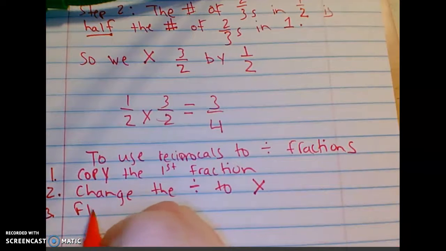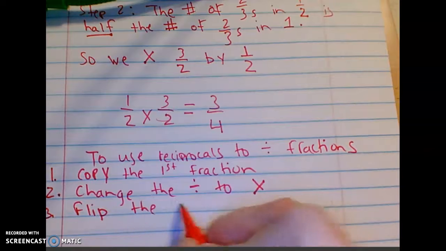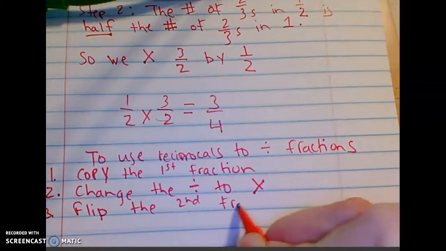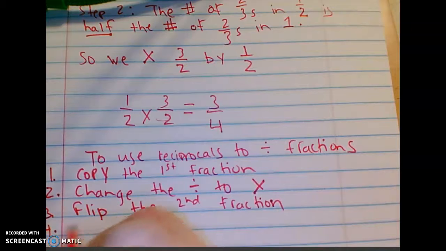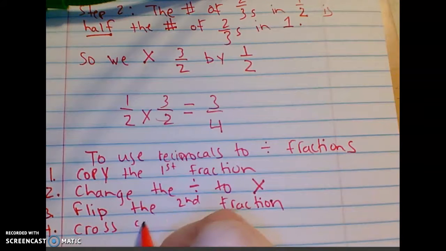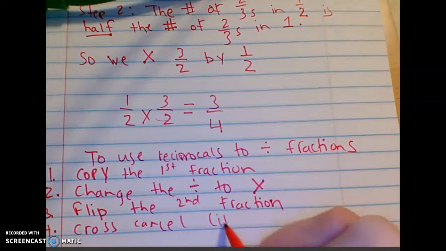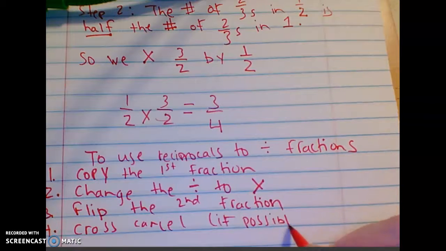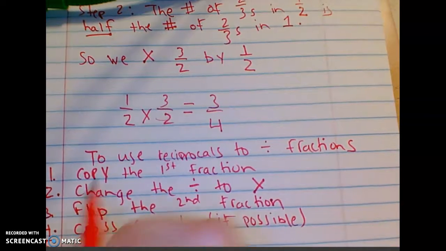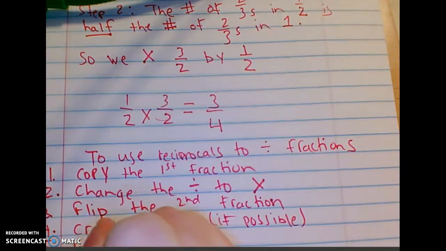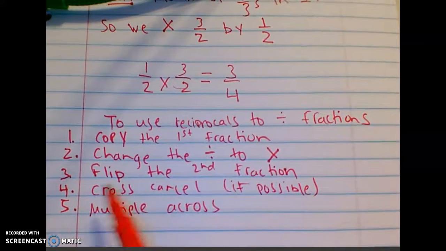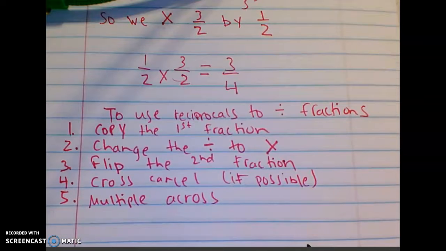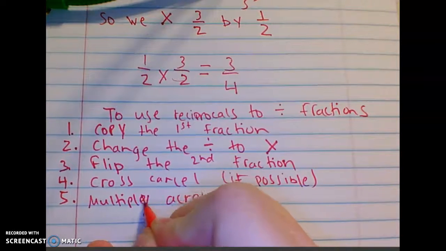Then you're going to flip the second fraction. Fourth, cross cancel if possible. We'll talk more about that. And then the fifth step is to multiply across. So make sure you know these 5 steps. Alright.